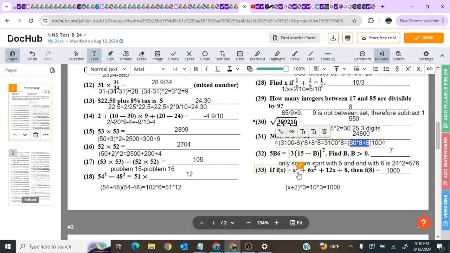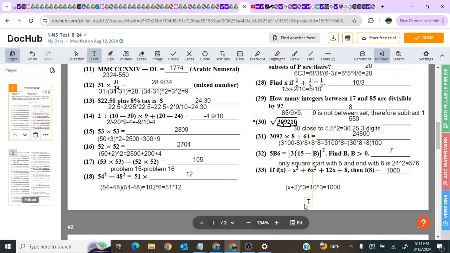x cubed plus 6x squared plus 12x plus 8, f of 8 is what? Well, you can plug it in and solve it, or if you're having a good day, you can realize that this is equivalent to x plus 2 cubed, because you can imagine, I'm not going to explain exactly how, but this x squared would be gotten with multiplying this 2 times 3 combination 2, and then this linear term would be 2 squared times 3 combination 1.